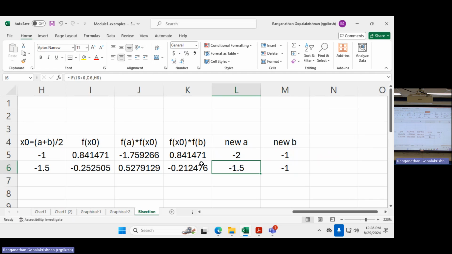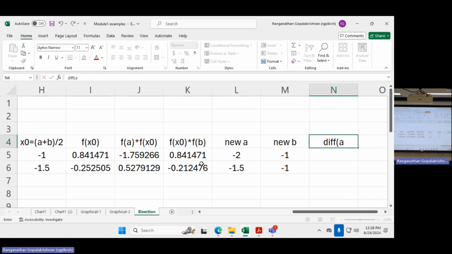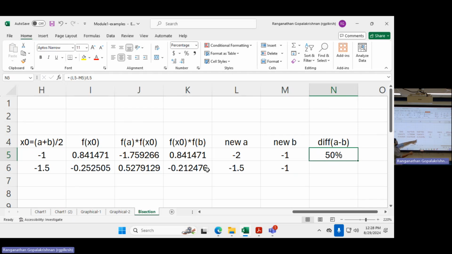Okay, good. Now, what is the difference between A and B? Difference between A and B as a percentage. That would be A minus B divided by A, and I'm going to express this as a percentage. 50%. First iteration, they differ from each other by 50%.